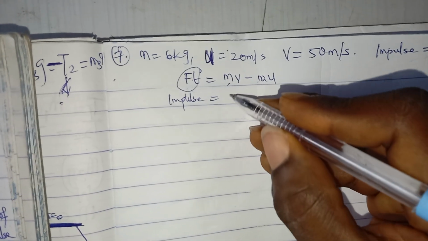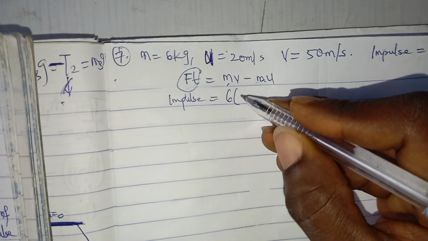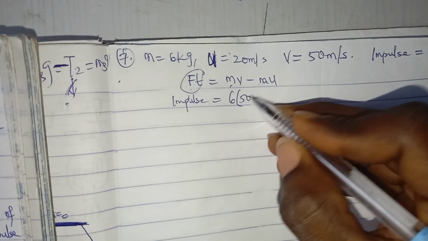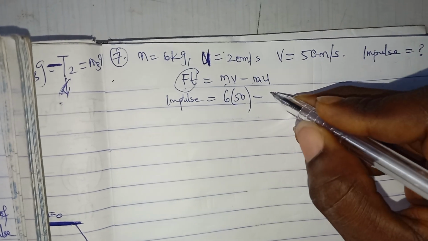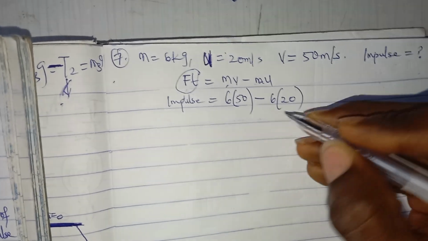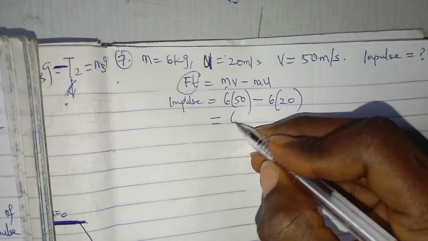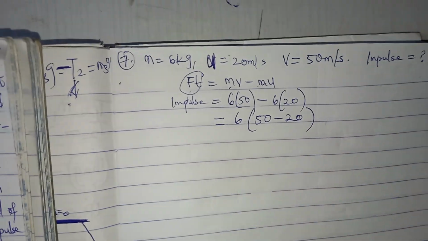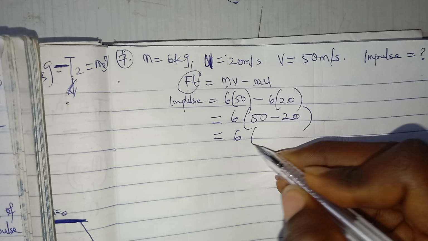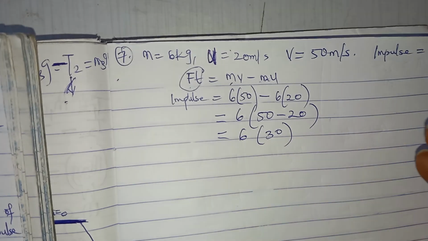So this is going to be 6 times the final velocity, 50, minus 6 times 20. Or you can as well do 6 into 50 minus 20, which gives you 6 into 30.